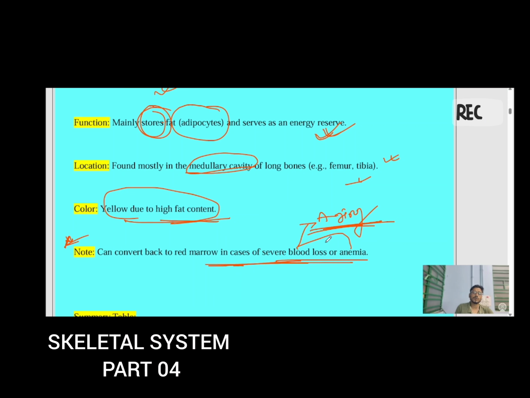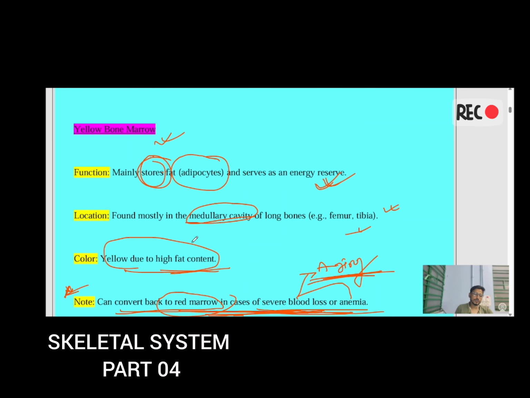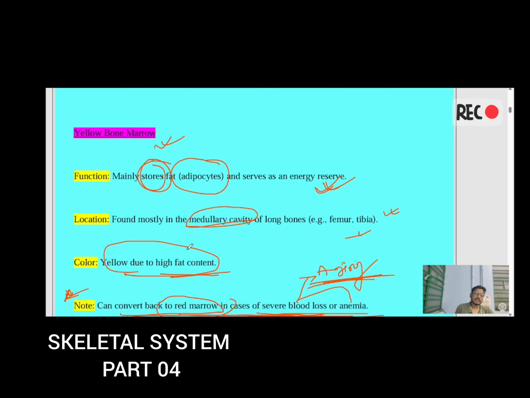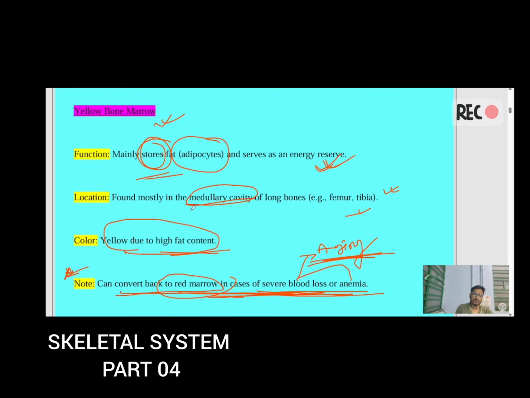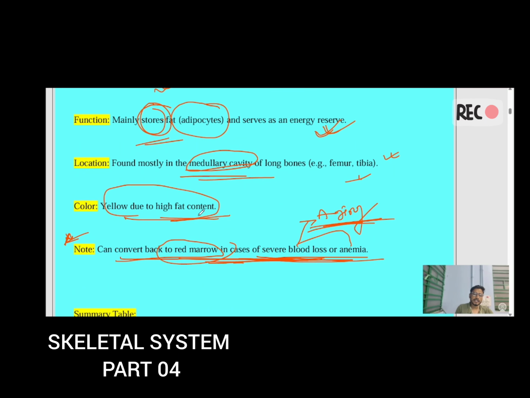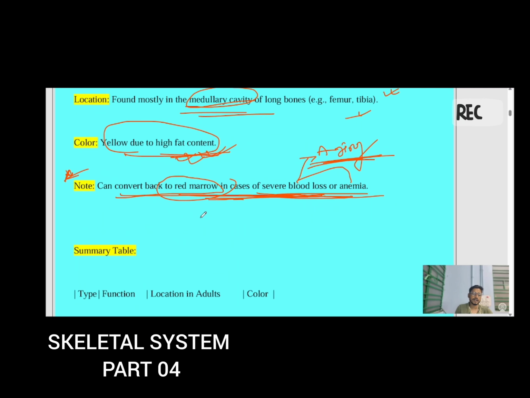Whenever a man becomes older, yellow bone marrow converts to red bone marrow. So for yellow bone marrow: the function is fat storage, the location is the medullary cavity of the long bones, and the color is due to the high fat content.